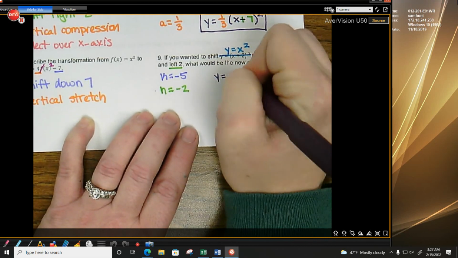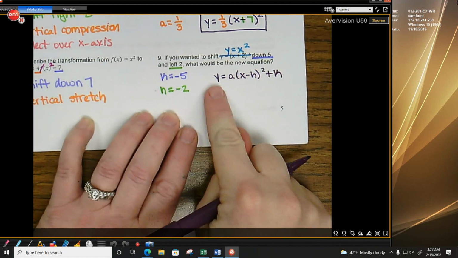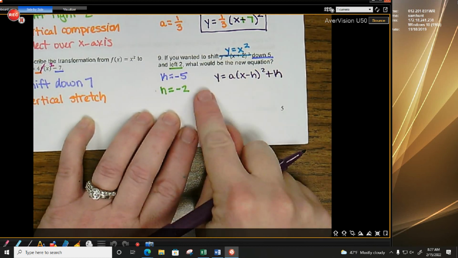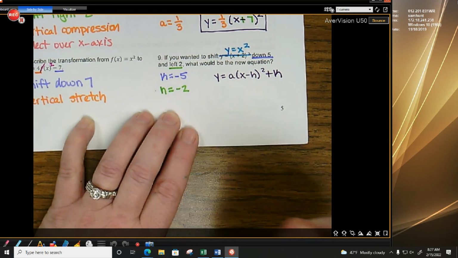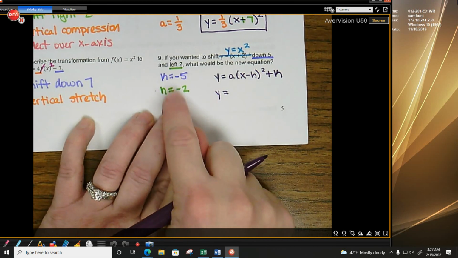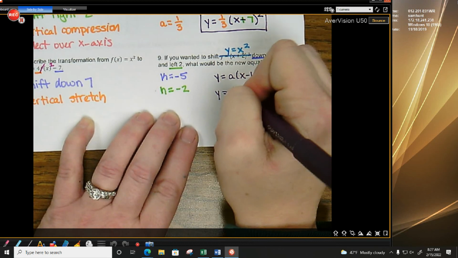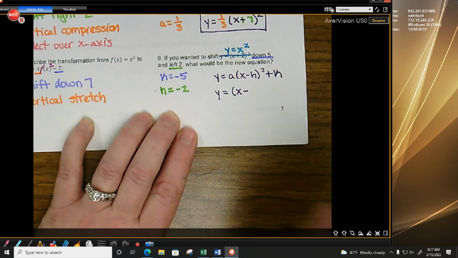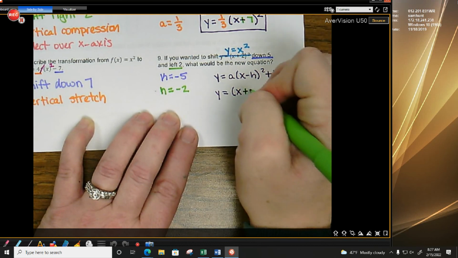Okay? So y equals, do I have an a written? No. So you're not going to use an a. Parentheses, x minus, what's h? Negative 2, which becomes a plus 2. Squared plus k, but k is what kind of number? So not plus k, but minus 5.